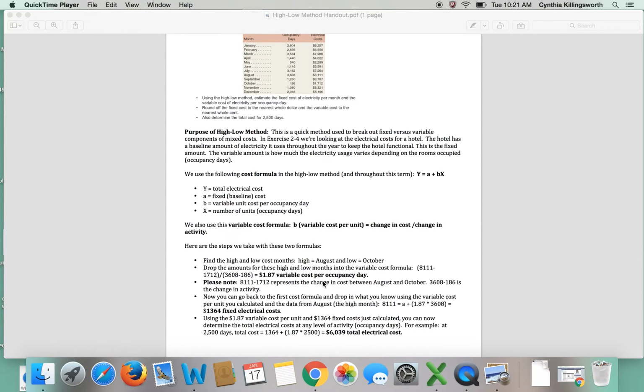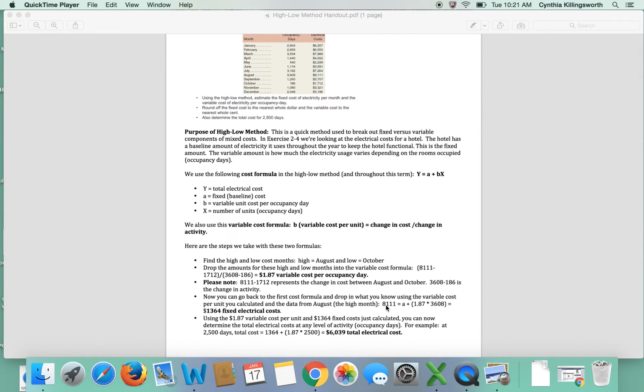Now that you've calculated the variable cost per occupancy day using the high-low formula, you can go back to the original cost formula and drop in what you know using this variable cost that you just calculated. And then you can use any month. I'm going to grab the high month and drop in what I know into the cost formula.